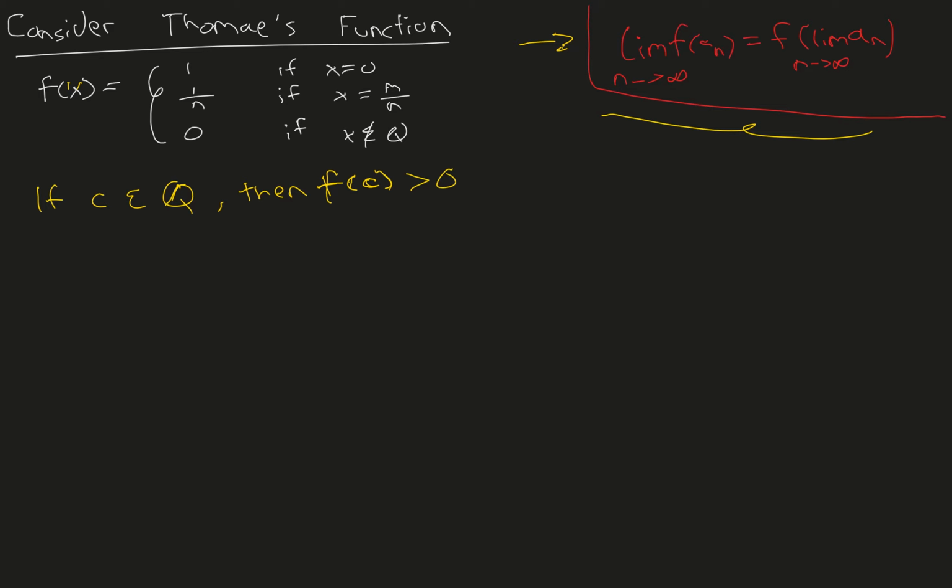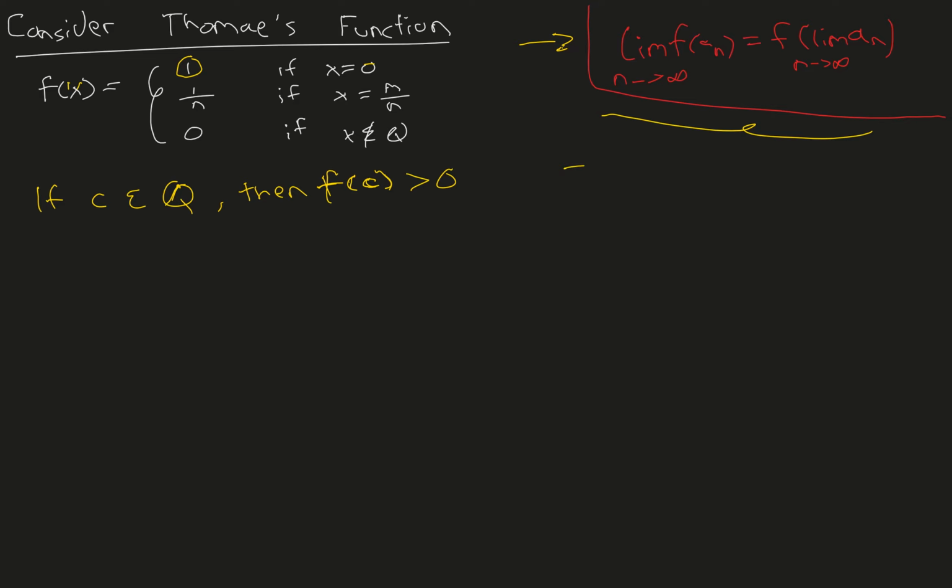For example, if x is equal to 0, remember 0 is a rational number, we have f of x is equal to 1. But for any rational number in this function, f of the rational number is always greater than 0.